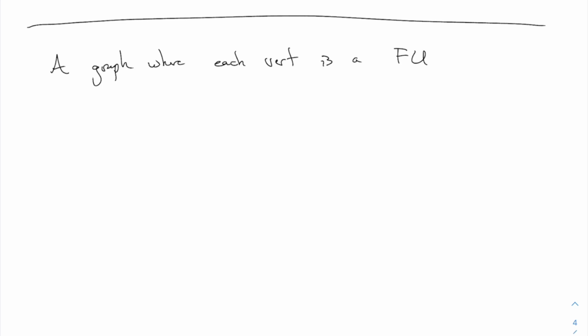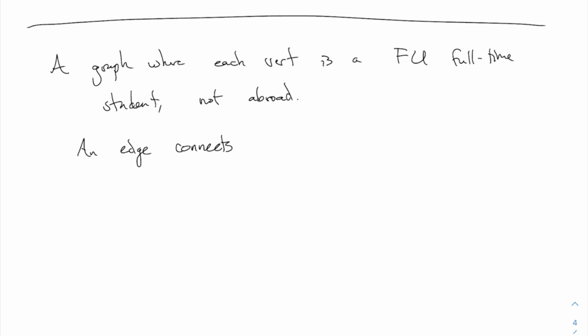Let's say a full-time student, not studying abroad. So you are part of this graph if you are a full-time student at Fairfield University. Each vertex is a full-time student not studying abroad, and an edge connects 2 people who are in some class together.